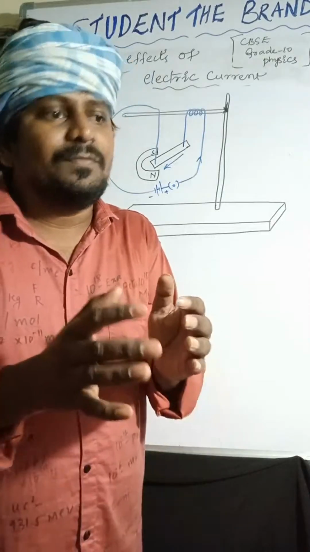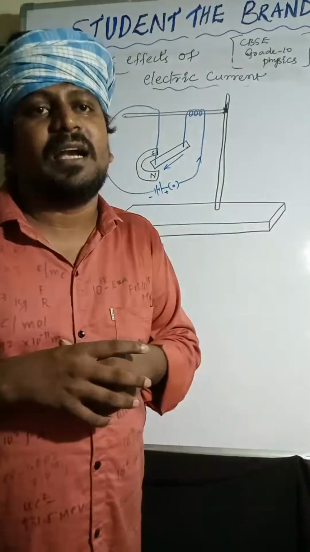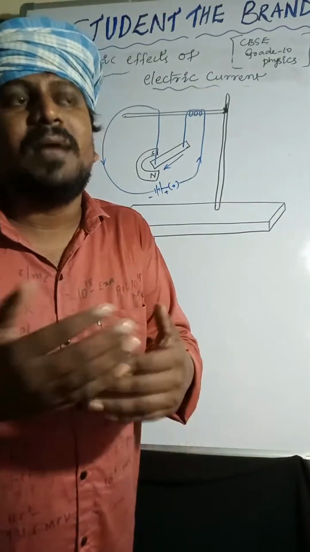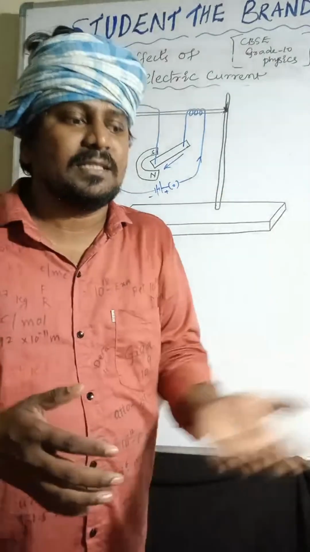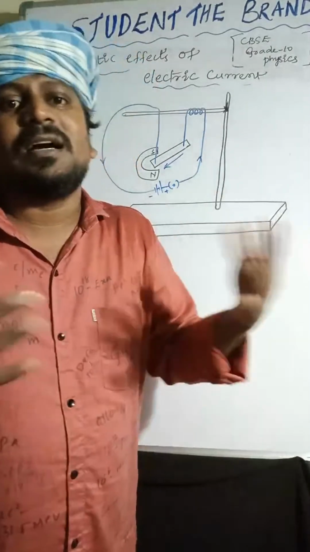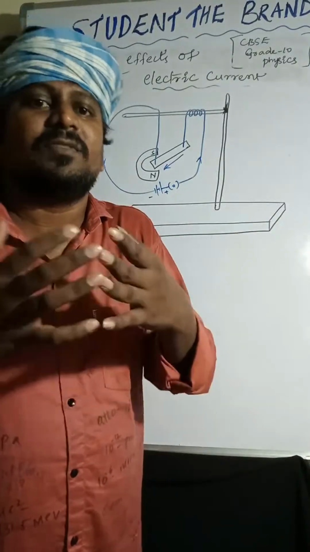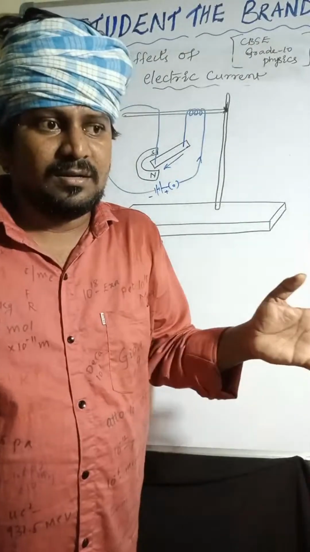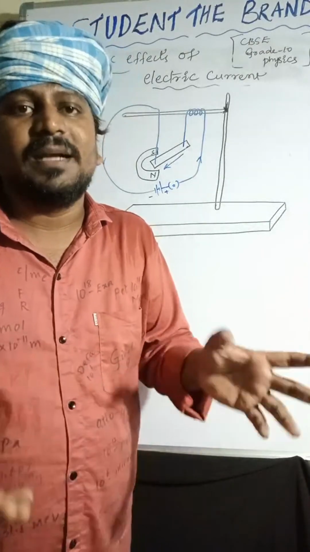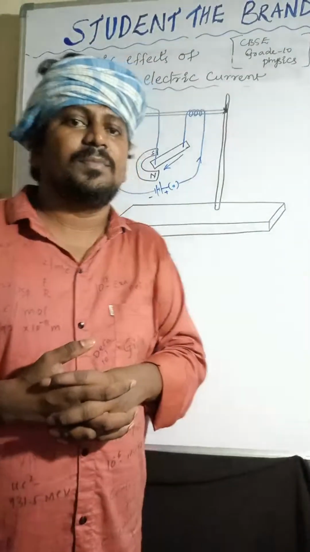If extra current goes through the conductor, the fuse will melt or break the circuit. It safeguards the appliances. In earthing, any extra current from the metallic bodies is sent to the ground.